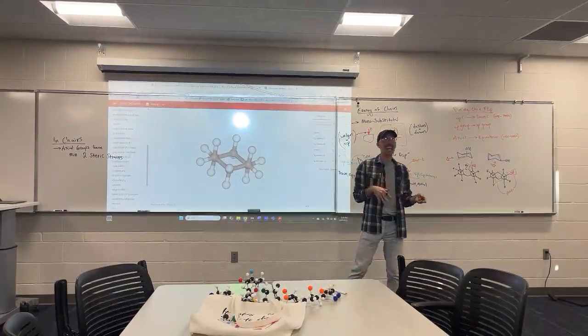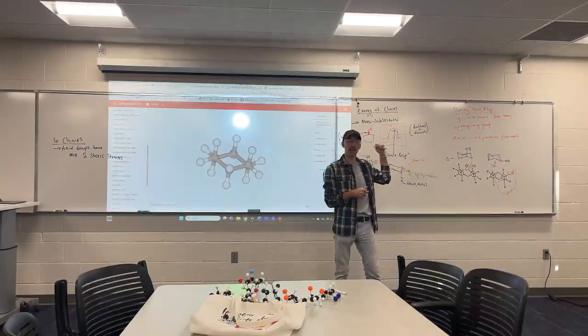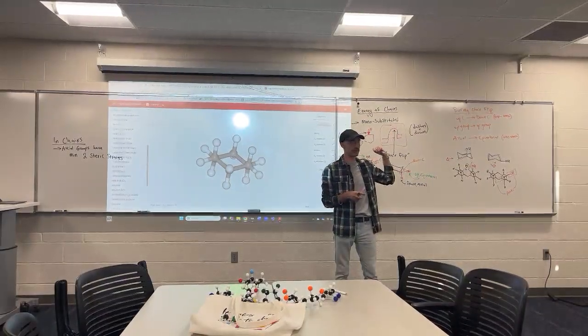Equatorial groups can have steric strain, just not in a mono-substituted structure like this.